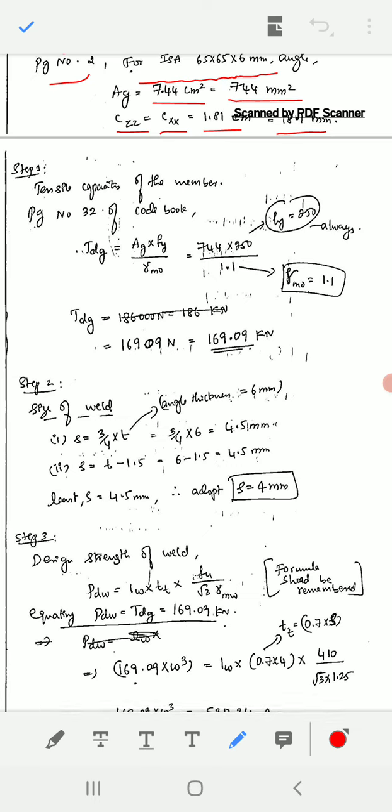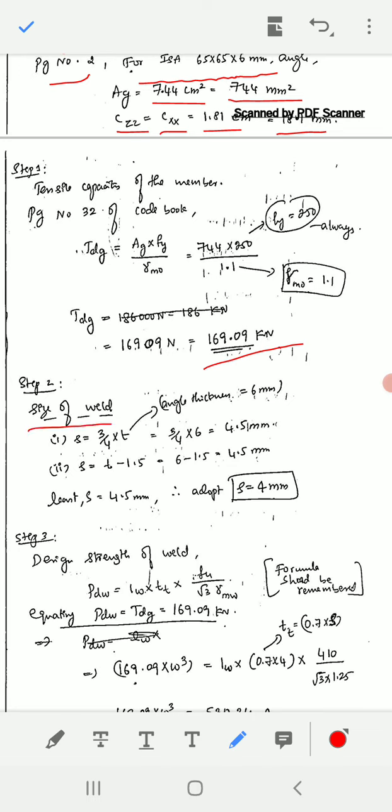Ag is whatever we just got, 744, into Fy is 250. Remember Fy is 250 in all the problems. And gamma m0 is 1.1. So you will get the Tdg value in terms of Newton. You have to convert into kilonewton, divided by 1000.